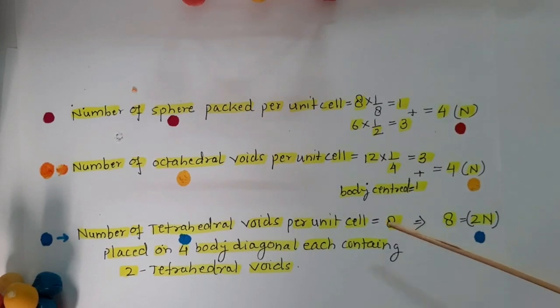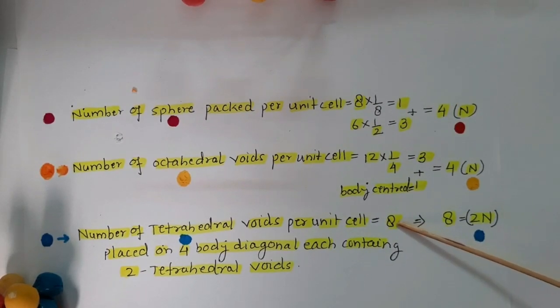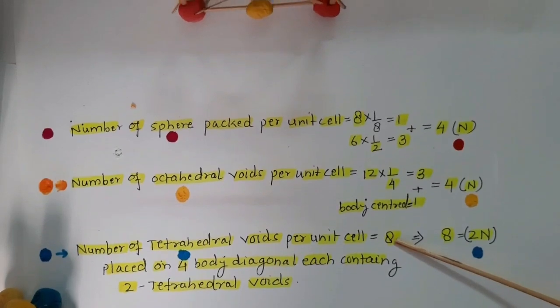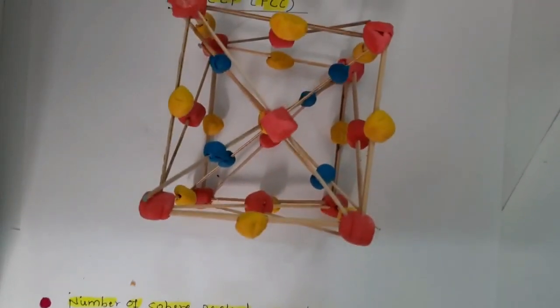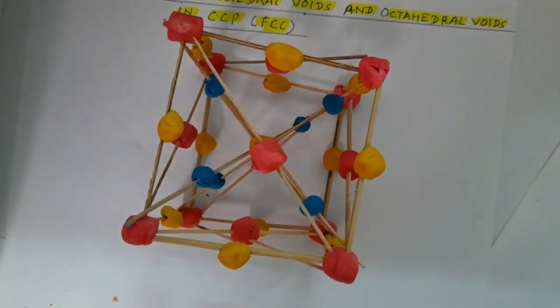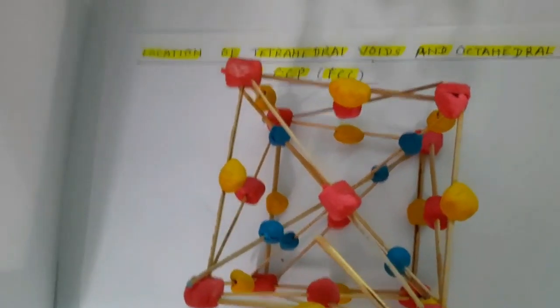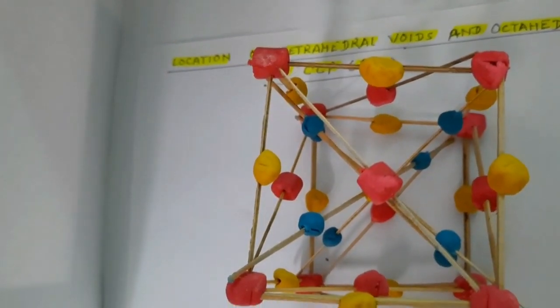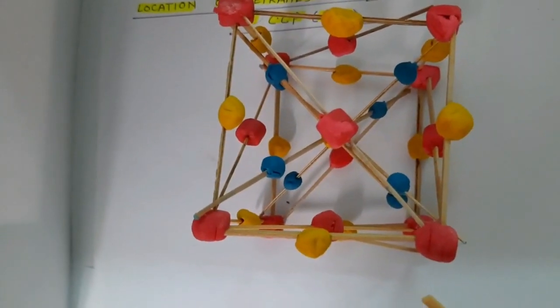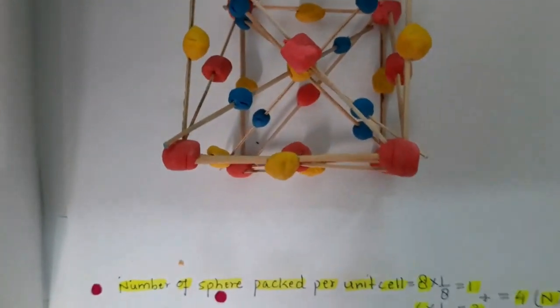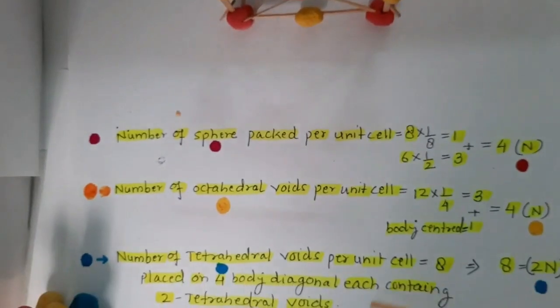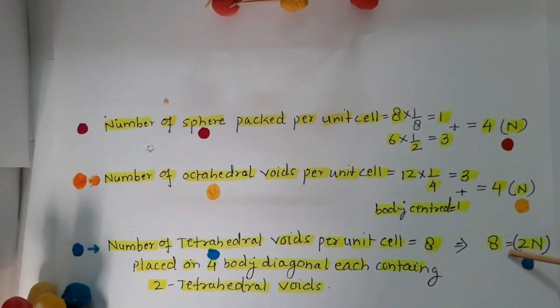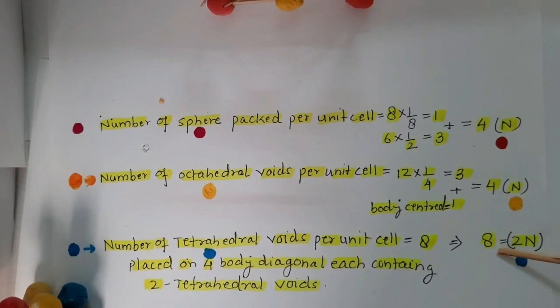Hence there are a total of 8 tetrahedral voids placed at 1/4 distance from each corner on the body diagonal, isolated to this unit cell only. So the total number of tetrahedral voids per unit cell will be equal to 8.